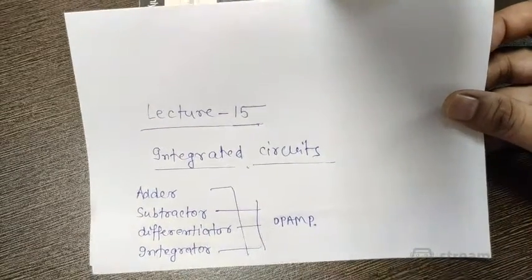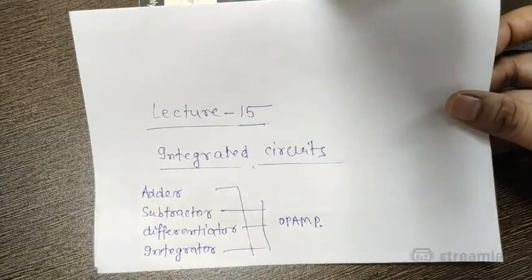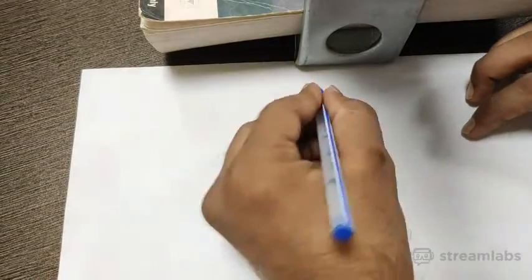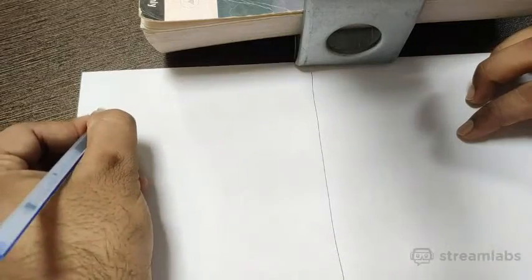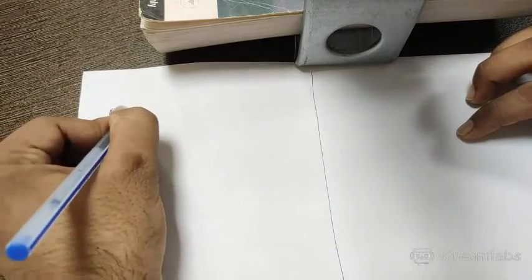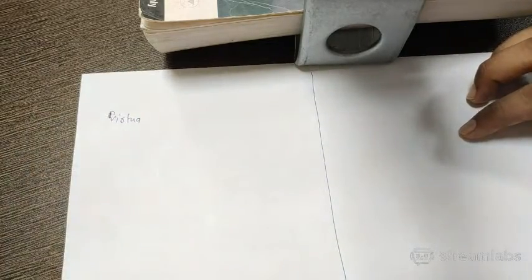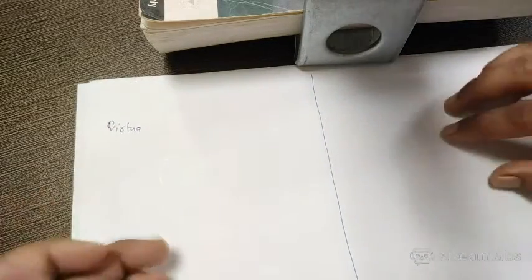The process of solving any operational amplifier based circuit is that you have to consider first the virtual ground concept, and then you can use KCL and KVL in the circuit.